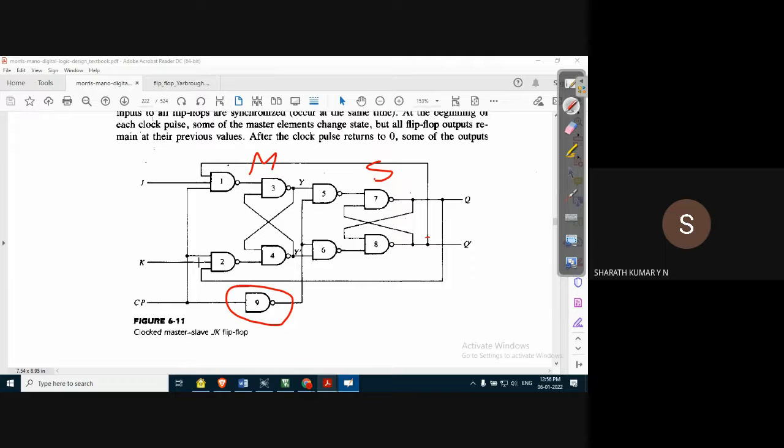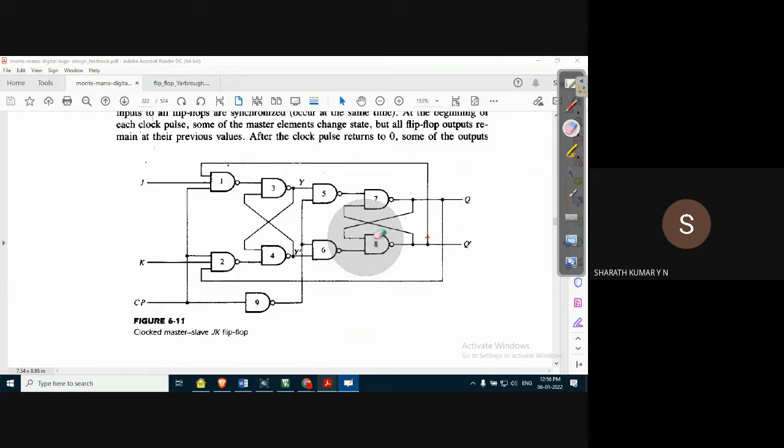You can observe the clock pulse is applied to the first stage, the master flip-flop, and the complement of the clock pulse is applied as the input to the slave flip-flop. If it is an edge triggered flip-flop, it will make sure that the master and slave trigger only at the rising edge and falling edge of the clock pulse, not during the level of the clock pulse.